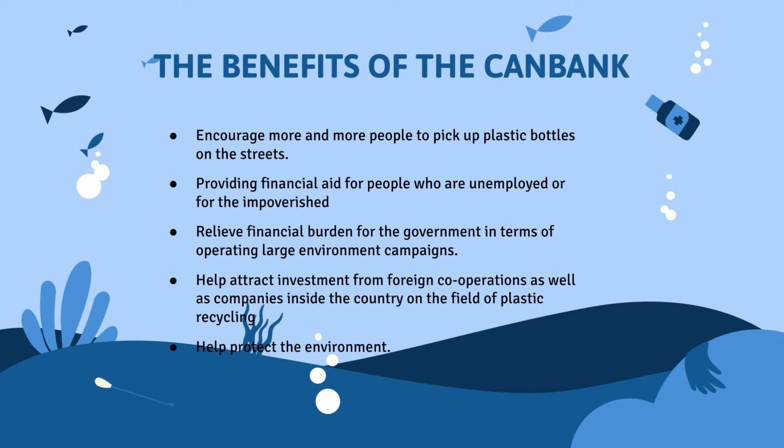It also raises people's awareness to pick up trash and put it into the trash can. In addition, it will build a solid foundation to attract more foreign plastic recycling companies to invest in this industry, which can produce a huge profit.